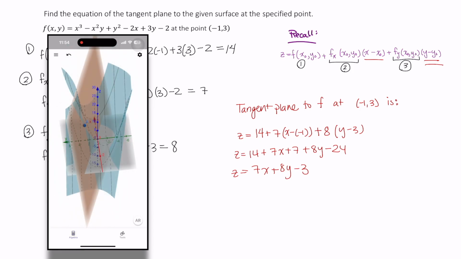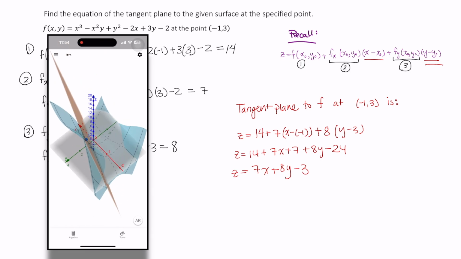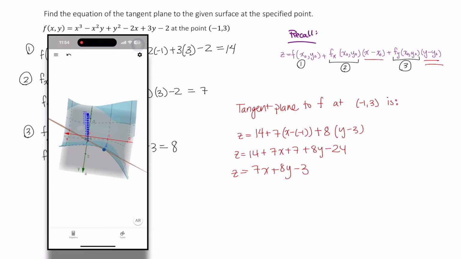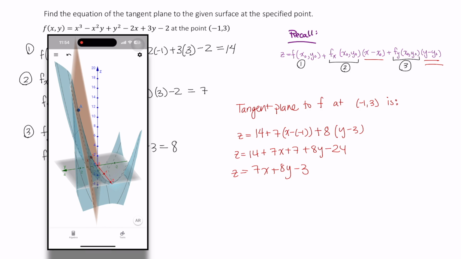There we are. All right. And I'll zoom in and you can see that this plane is certainly tangent here. It looks like a two-dimensional tangent line when looked at directly above the plane. And you can tell it is tangent to the curve at this point, -1, 3, with a z value of 14.